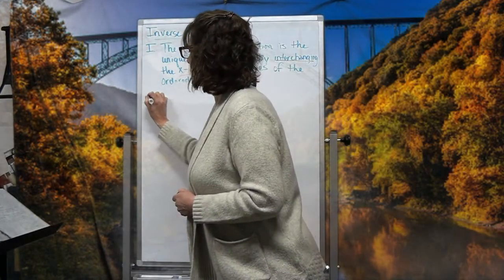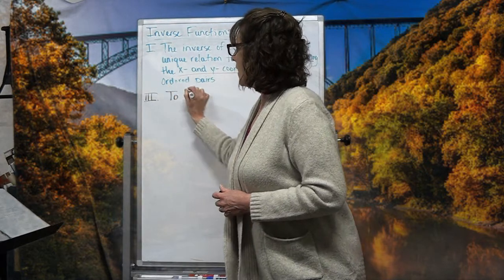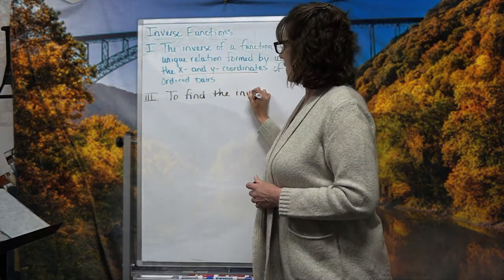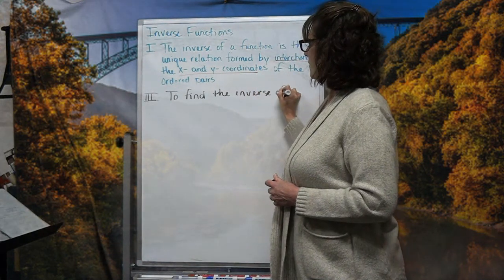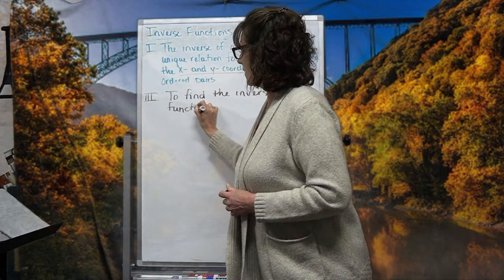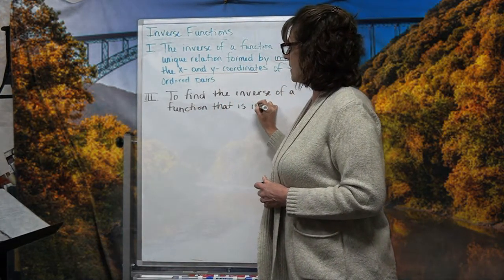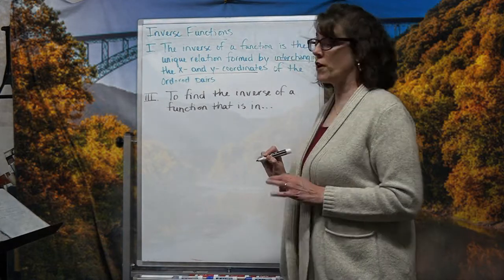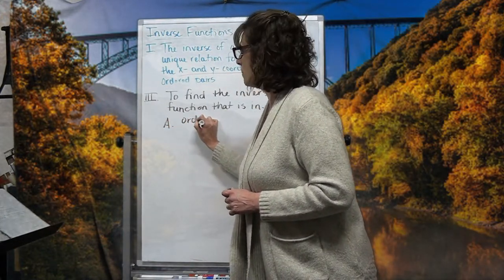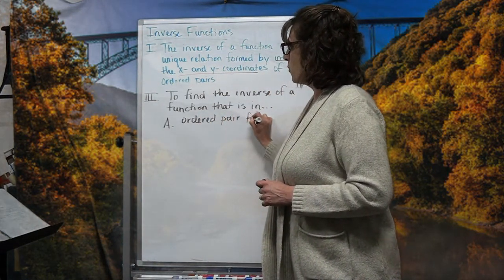So like I said, in order to say, okay, I know an inverse exists, now how do I get it? Let me switch colors so we don't get this mixed up. To find the inverse of a function, there are 3 different forms your functions can take. The first form, like we said before, was simply a bunch of ordered pairs. Ordered pair form.